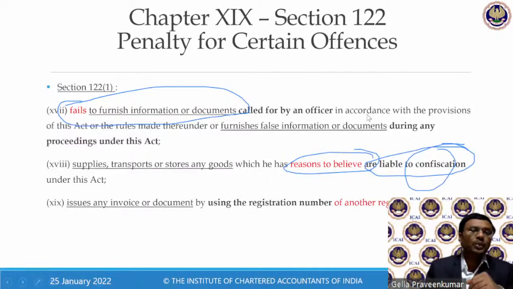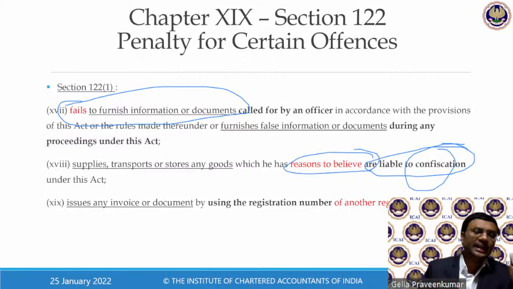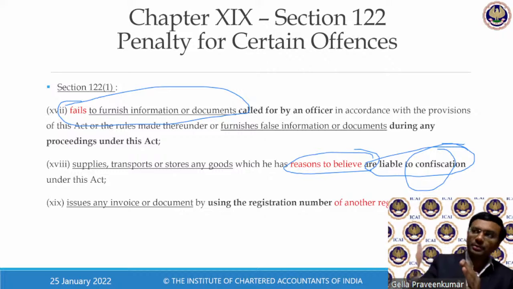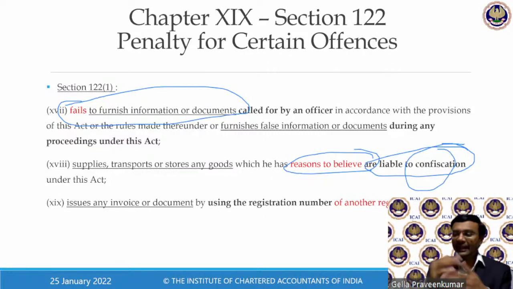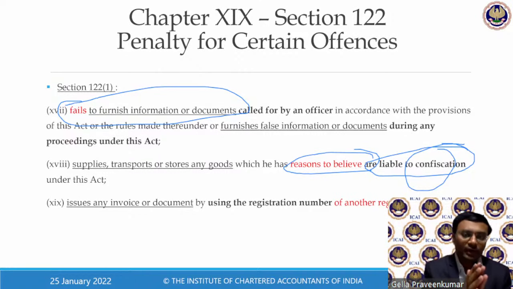Issues an invoice or a document by using the registration number of another person. It so happens, like initially when GST came, they raised an invoice, some GST number was quoted, casually, without even bothering, like in all B2C transactions. You go to a particular shop, you buy electronic devices, and that shopkeeper sells the goods and gives an invoice. You see GST, you have paid GST, and you walk away from there.